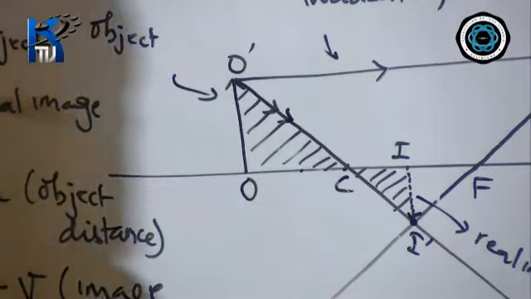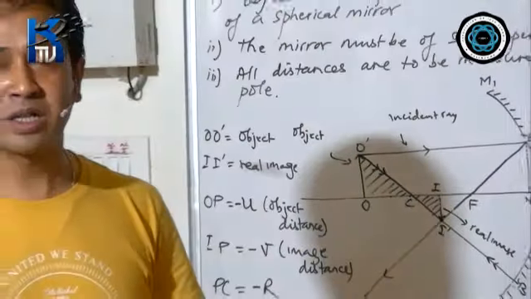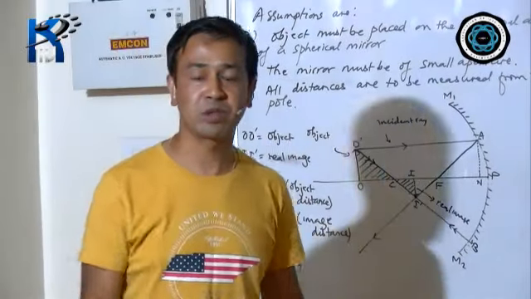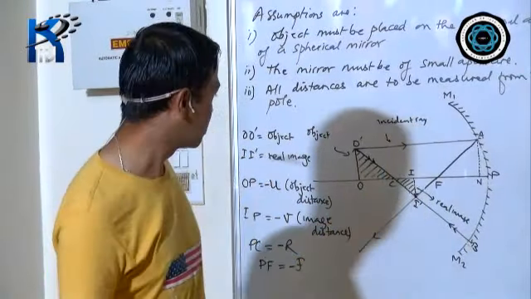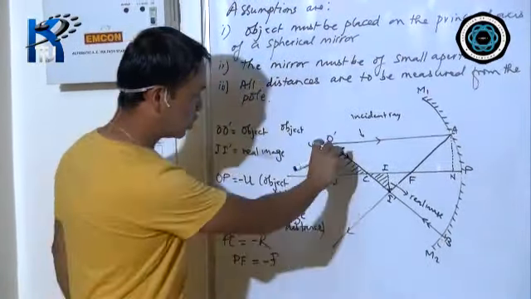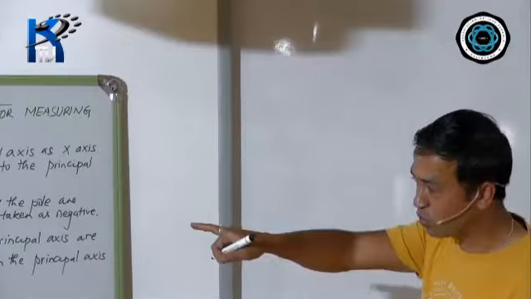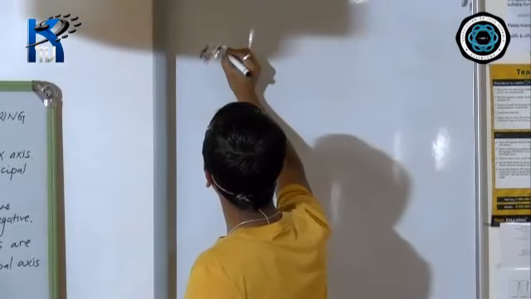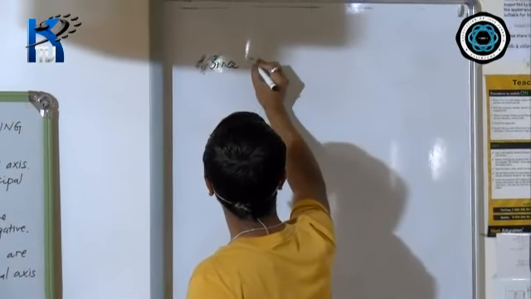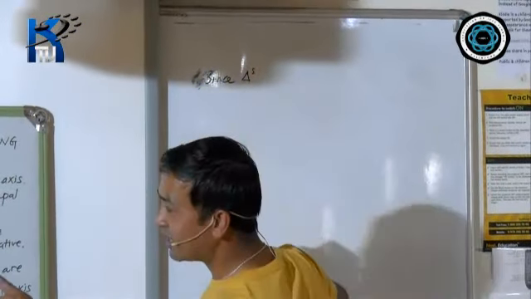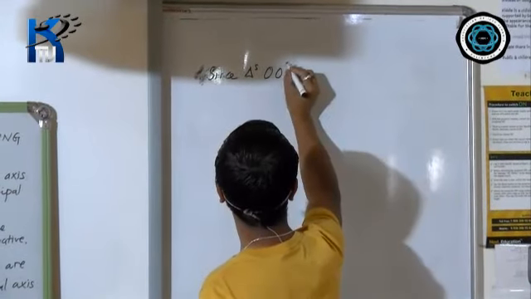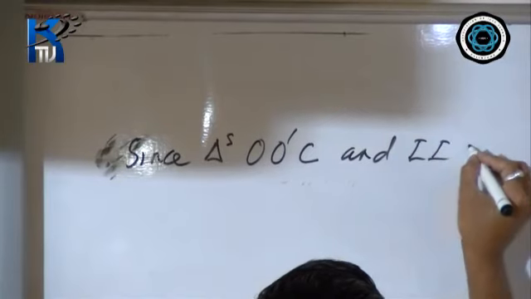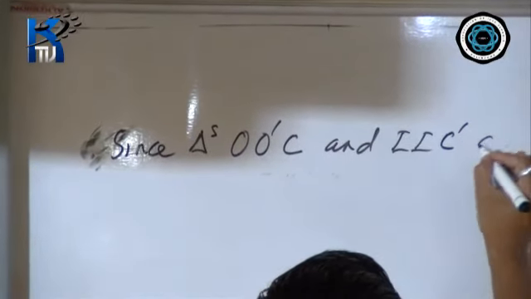And you have learned in mathematics class 10, when 2 triangles are similar, the ratio of any 2 corresponding sides are proportional. So we follow that property. For these 2 triangles which are similar, I can write, since the triangles O dash C and I dash C are similar.